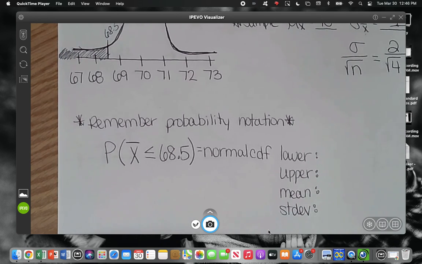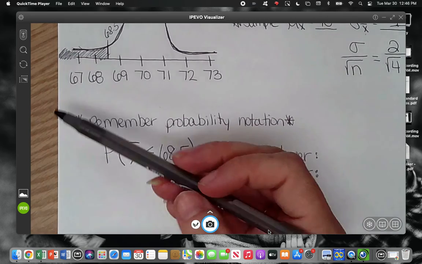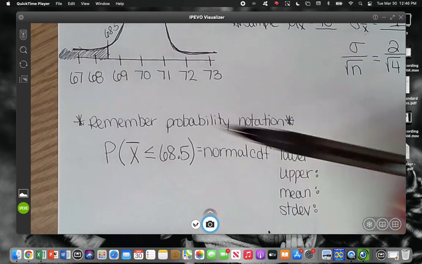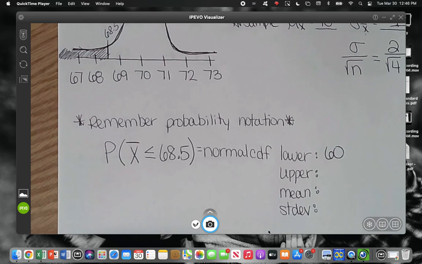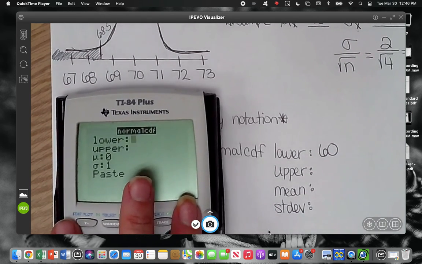It's just going to barely change. So as long as you are 60 or lower, you're going to be okay. So go ahead and enter 60 for your lower.